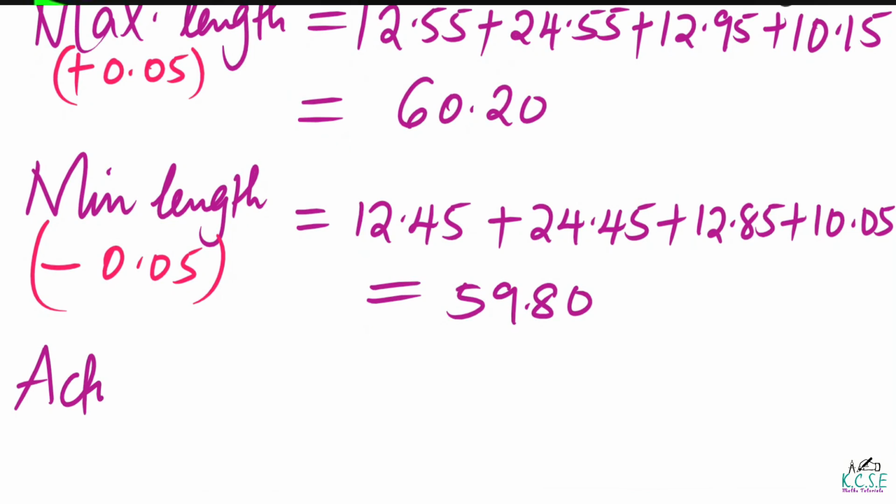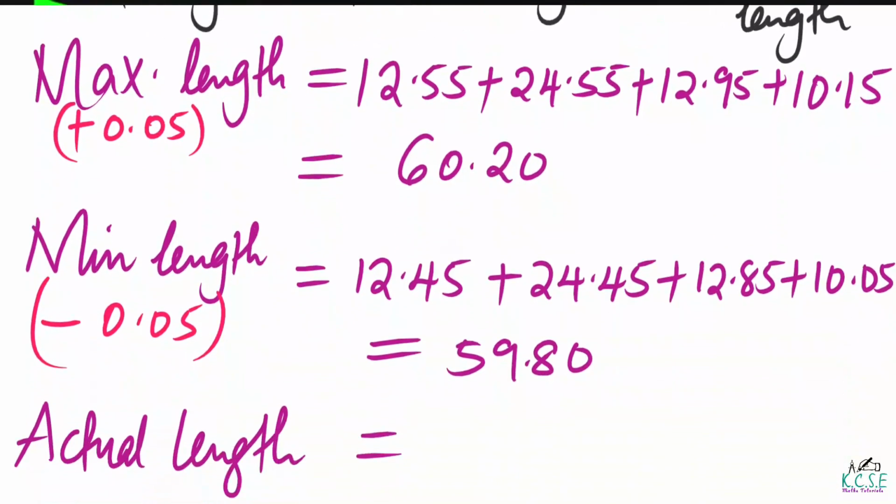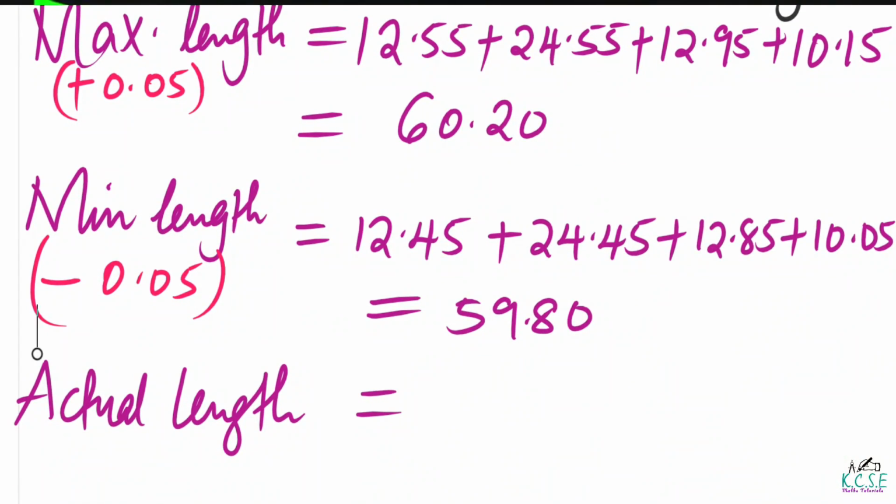The last thing that we require is the actual length, and for the actual length we're not going to add or subtract 0.05. These are the raw figures, the way they are.